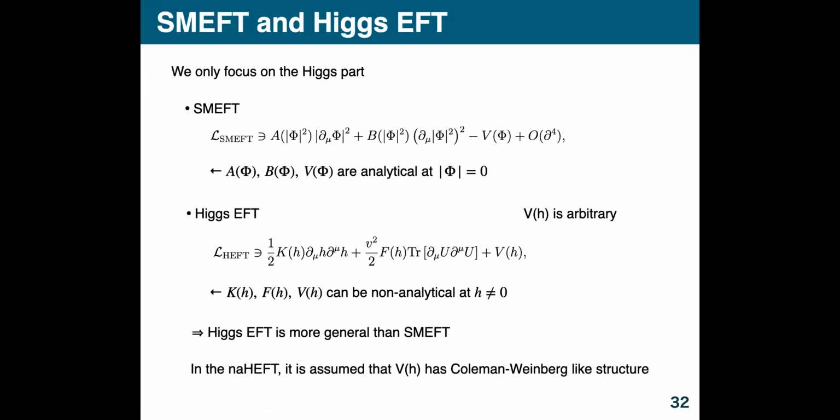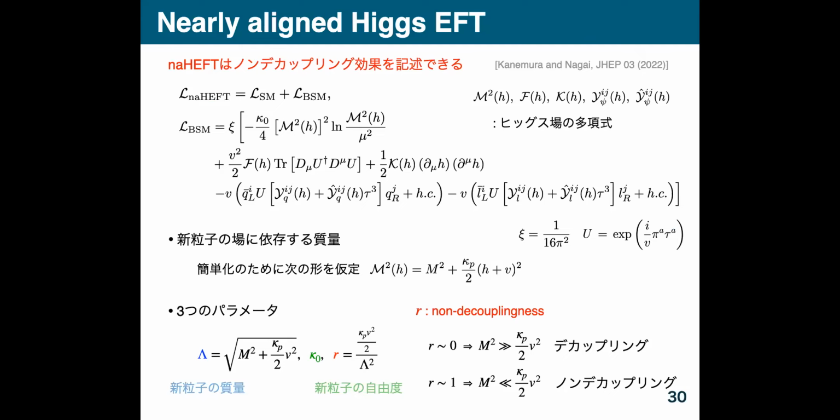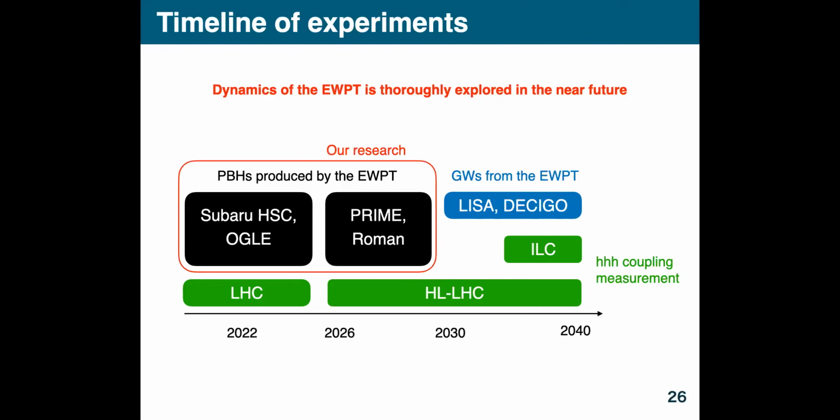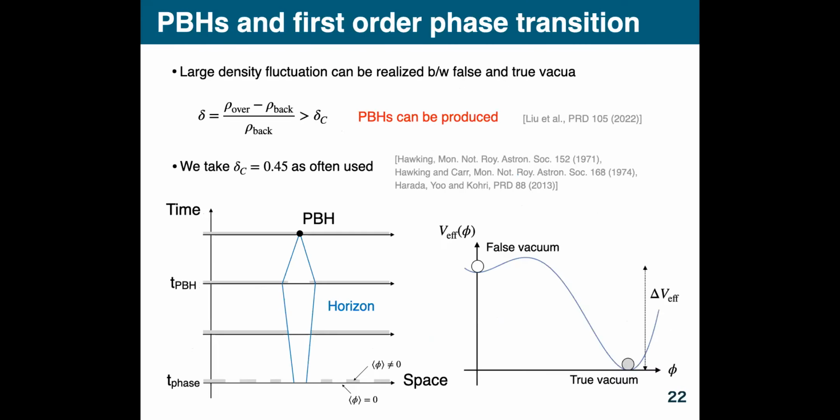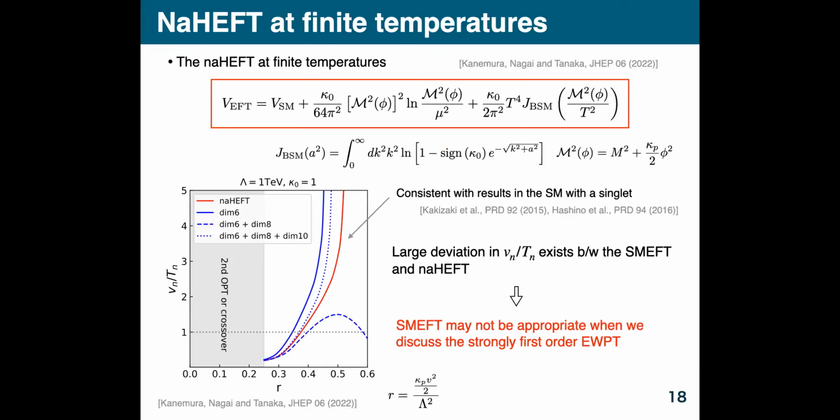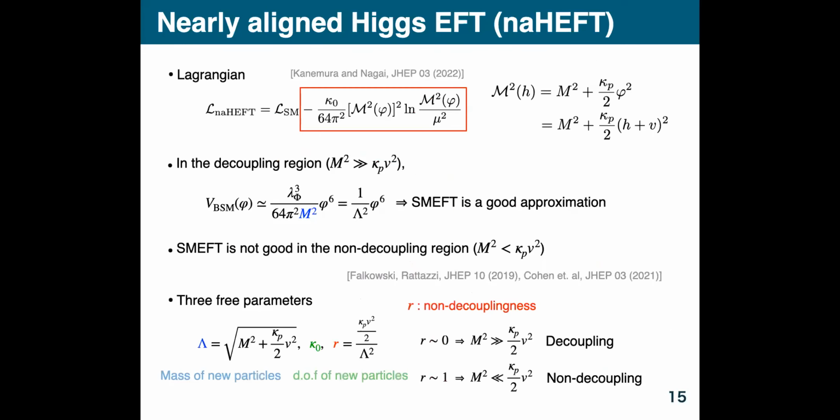The main difference is that in the nearly aligned Higgs EFT, we take this potential form. This is the difference between the ordinary Higgs EFT and the nearly aligned Higgs EFT.